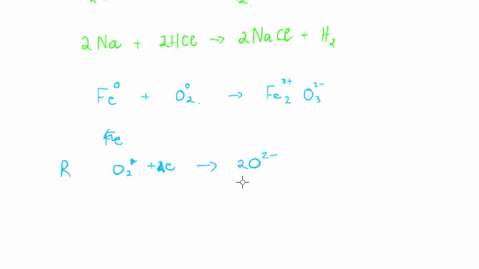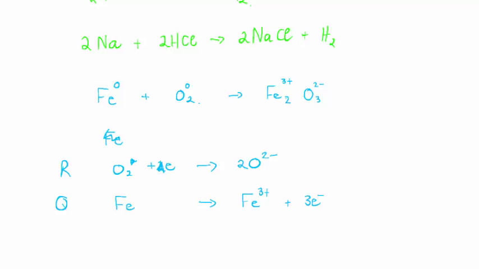Does that make sense? That's the reduction reaction. The oxidation reaction is when my metal became a cation, 3 positive, and again, we're adding the electrons on the cation side. So there were 3 electrons added here.